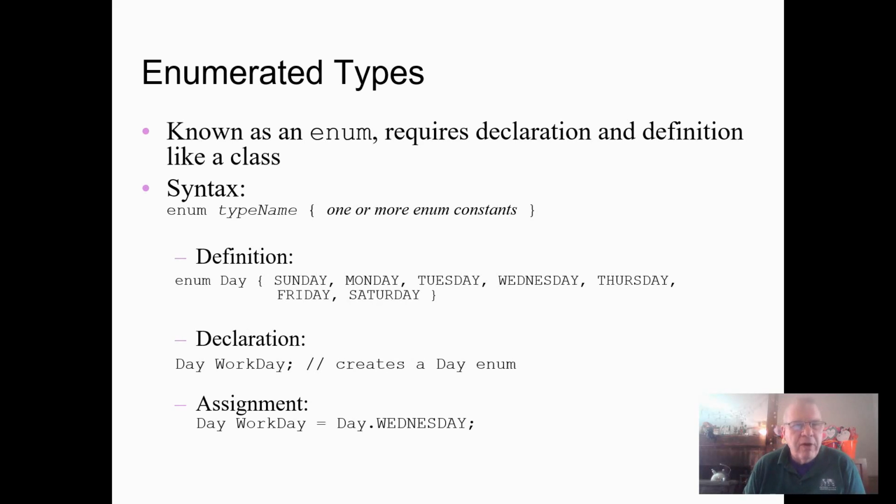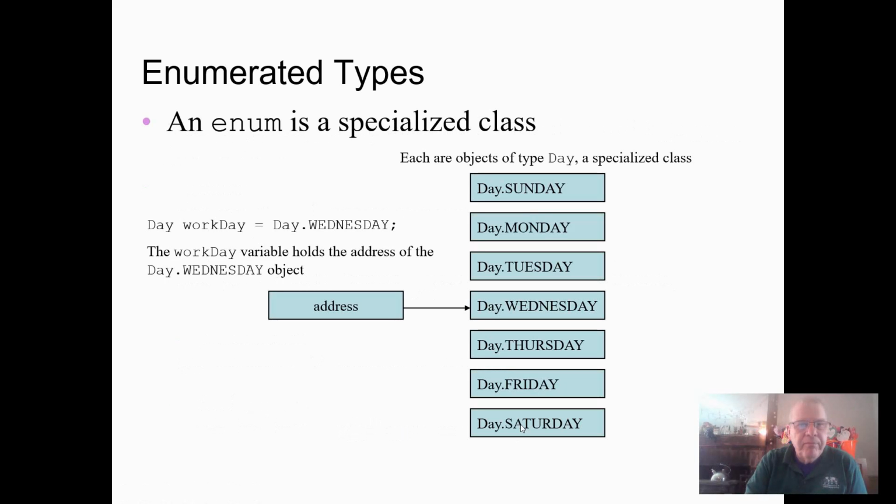So it's the same situation as any other variable. You define it, you declare it, and then you assign it. So now, and only then, can you do the third thing, which is to use it. So in this case, Day.Wednesday is usable. Workday is usable. So here's the enums again.